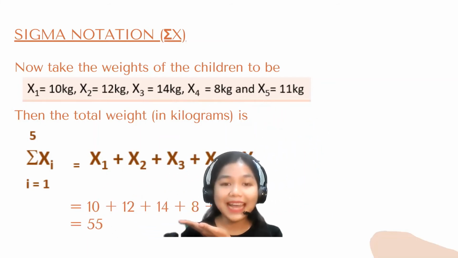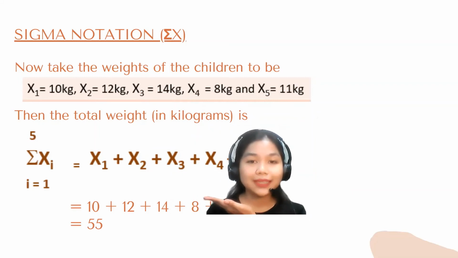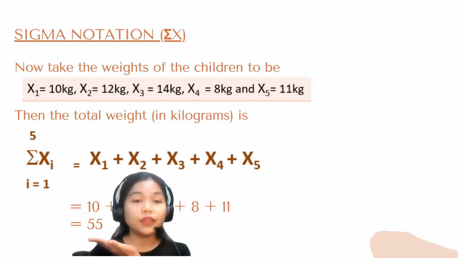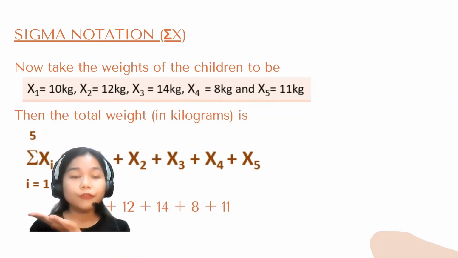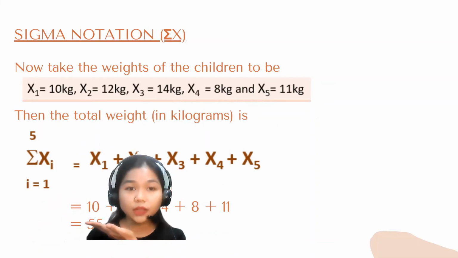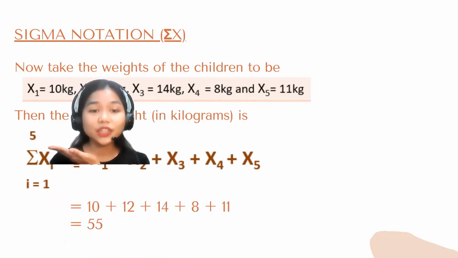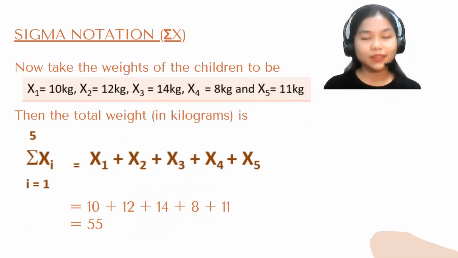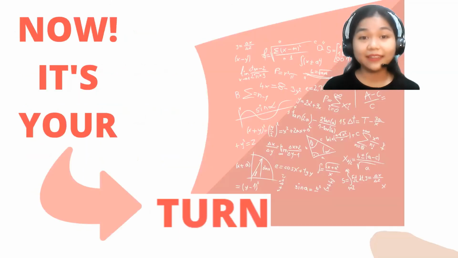We simply add all of the values in the array, so the answer is 55. The summation of the weights of the 5 children, xi from i equals 1, the first child, to i equals 5, the last child, is 55 kilograms. As easy as that, right?